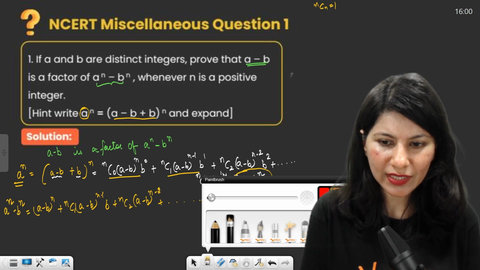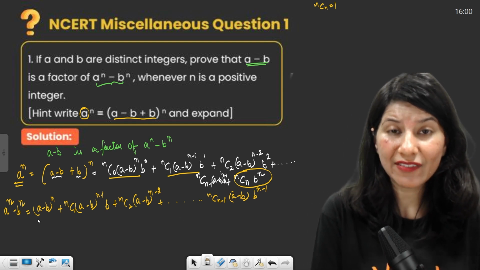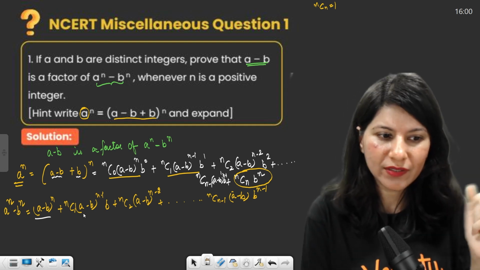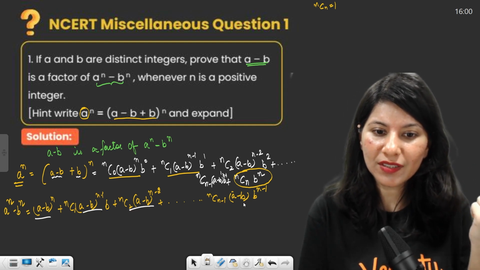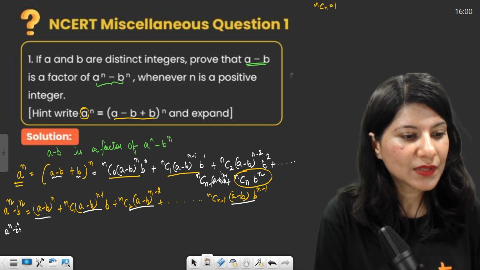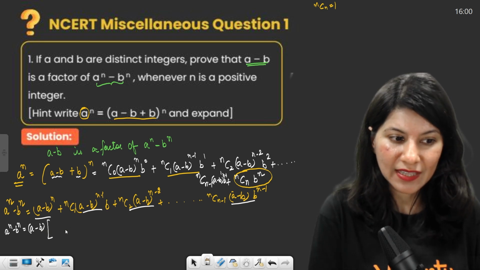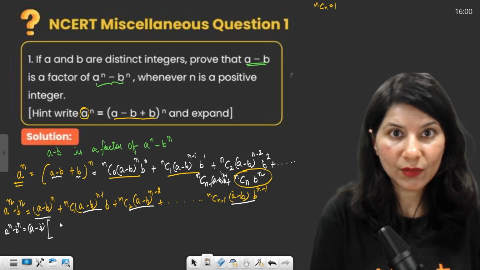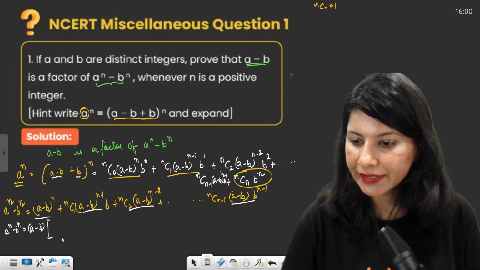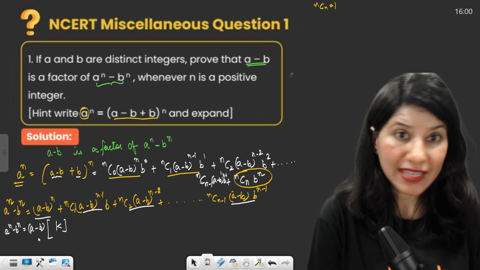Now just understand one thing. Don't you think that every term on the right hand side has at least a single factor of a minus b? So I can take a minus b common from every term. Then a raised to power n minus b raised to power n equals (a minus b) times k, where inside the bracket I just write k, which is an integer.